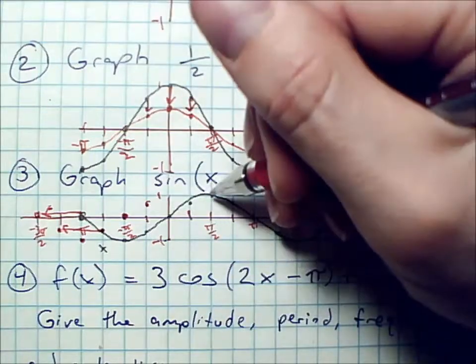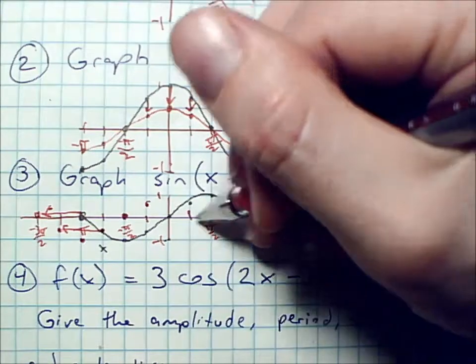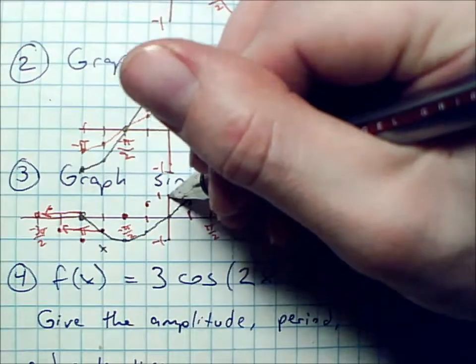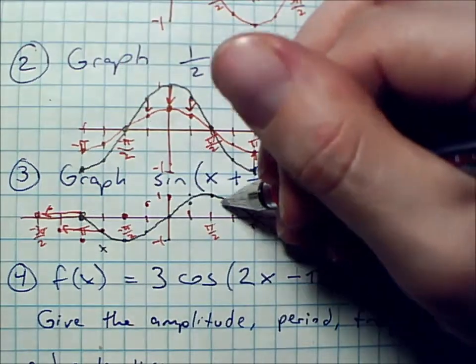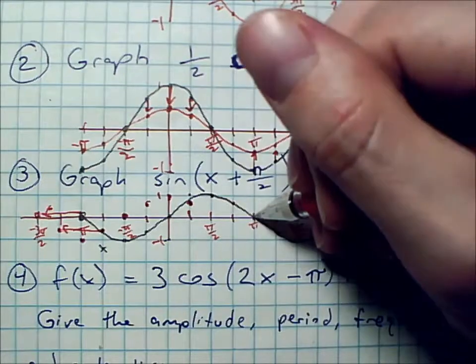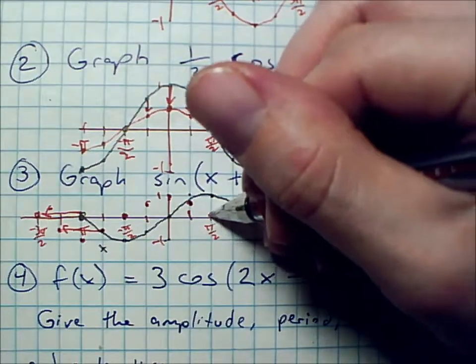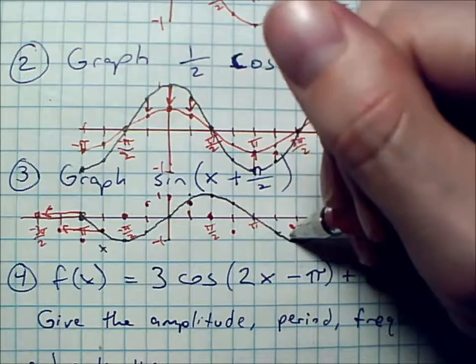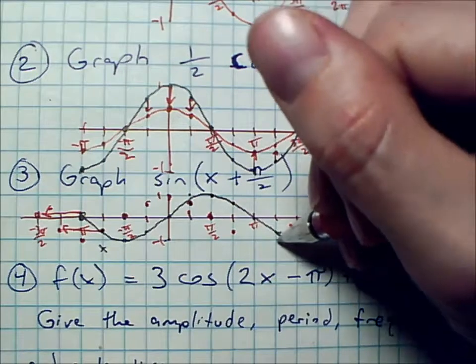So I'm counting back 2 marks for each point, because that's how far pi over 2 is the way I've graphed this. This one, to the left, pi over 2. This mark, to the left, pi over 2. And so forth.